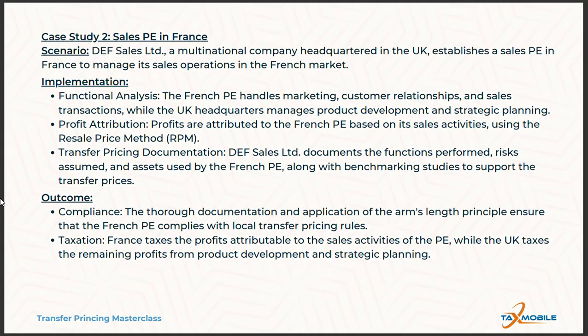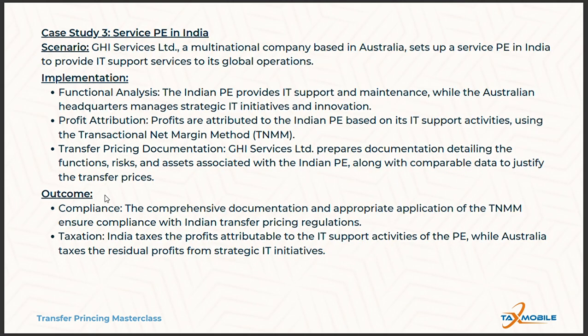With respect to taxation, which is still the outcome, France taxes the profit attributable to the sales activities of the permanent establishment, while the UK, United Kingdom, taxes the remaining profits from product development and strategic planning.